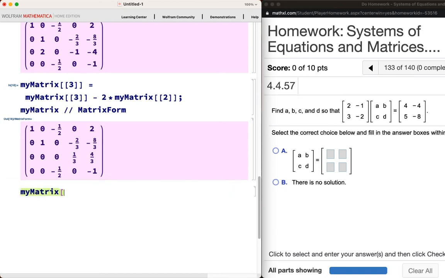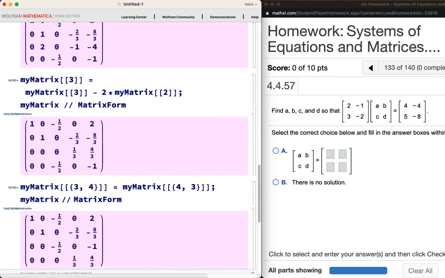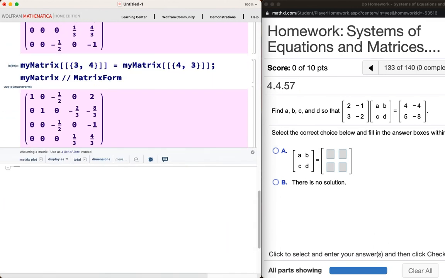My matrix, the 3rd and 4th rows, and we're going to swap them. I just switched the 3rd and 4th rows because I can't have a 0 entry right over here, because you can't use multiplication to change 0 into 1.